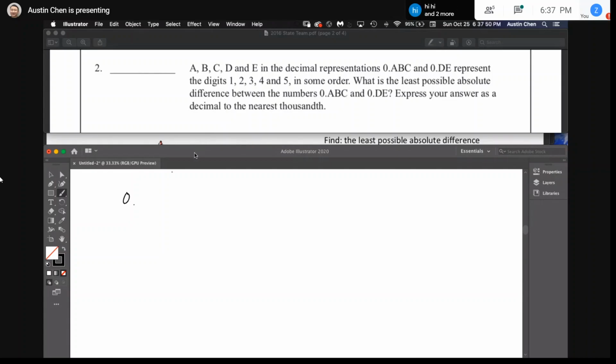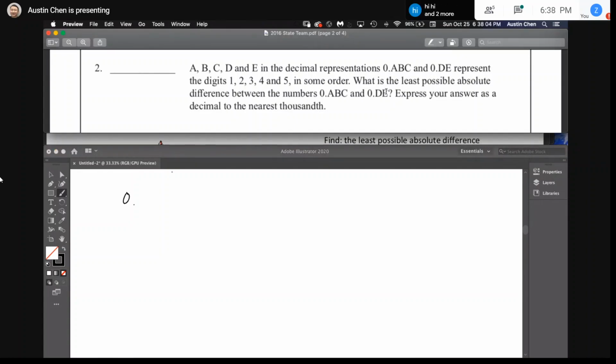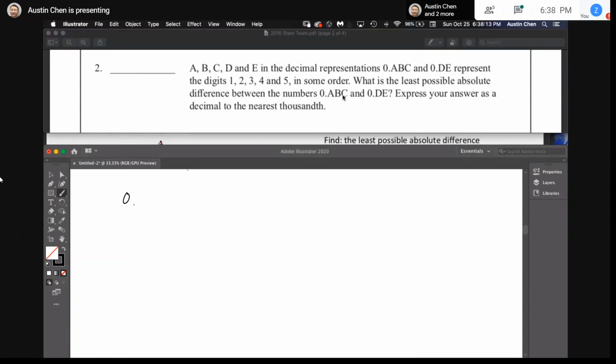So the best way would be to make E as small as possible, and D and A have to be 1 apart, and we want to make B and C as big as possible, right? So why do we want to do that?